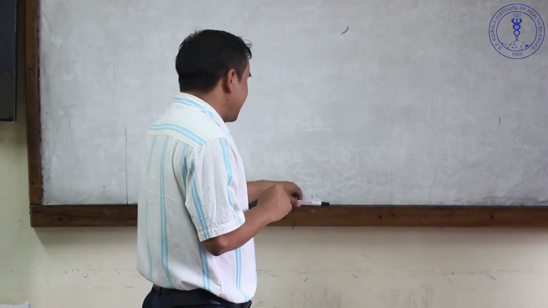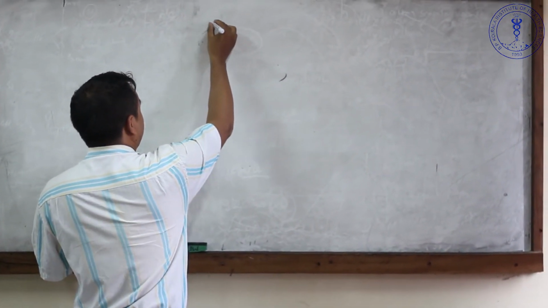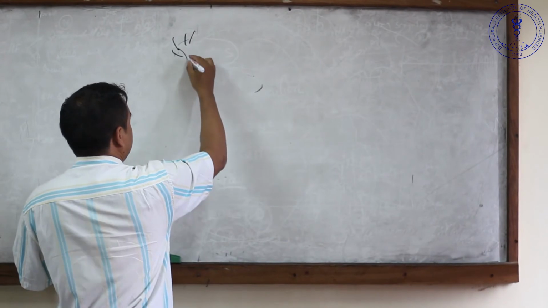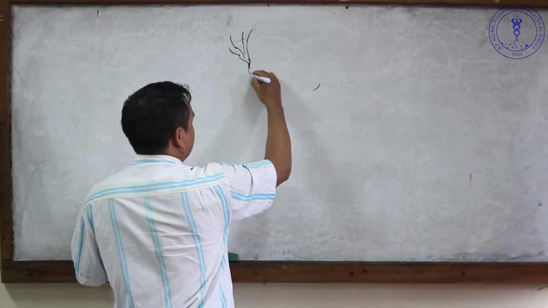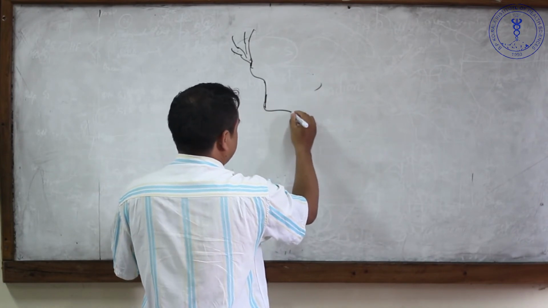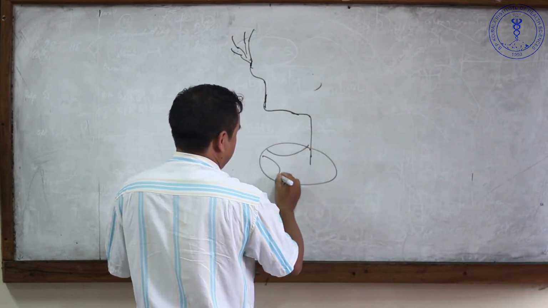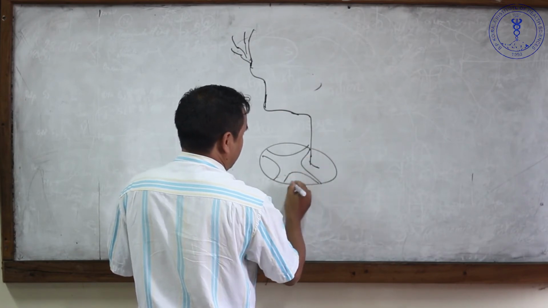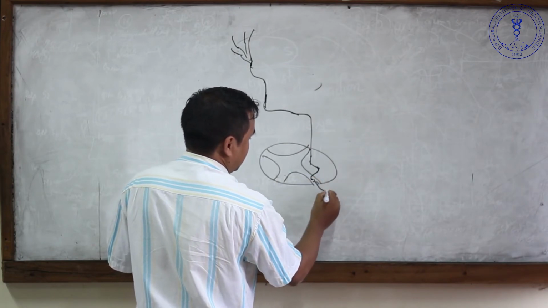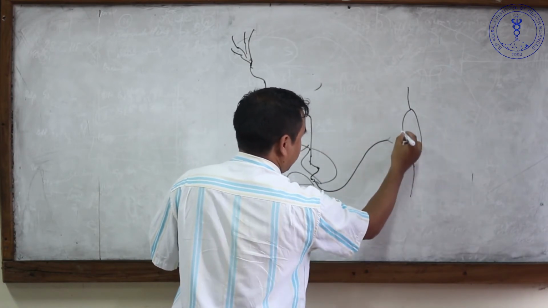For that, what you need to understand is that, as we have already discussed, the corticospinal tract arises from the cortex, then the corona radiata, then the internal capsule, then at the level of the medulla oblongata there will be crossing to the opposite side, and at the level of the spinal cord, from here it will go to the anterior horn cells, then ultimately it will form the, okay.